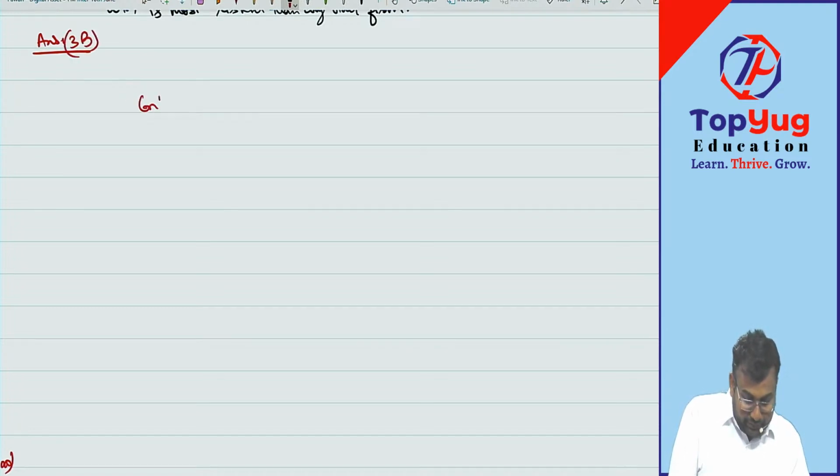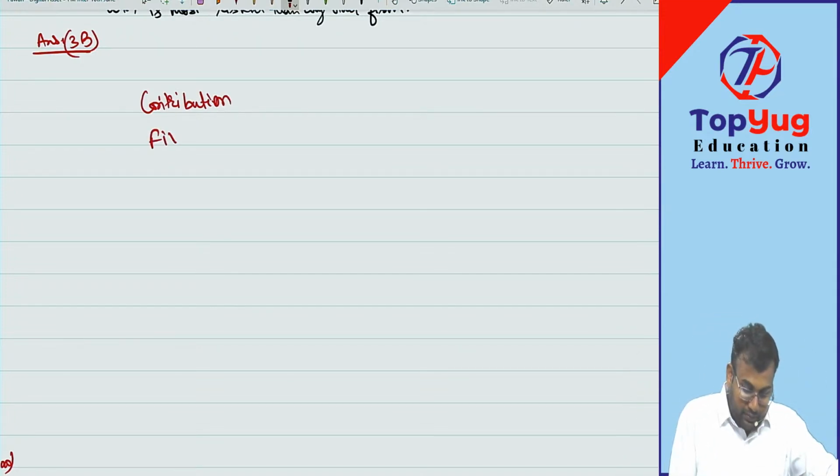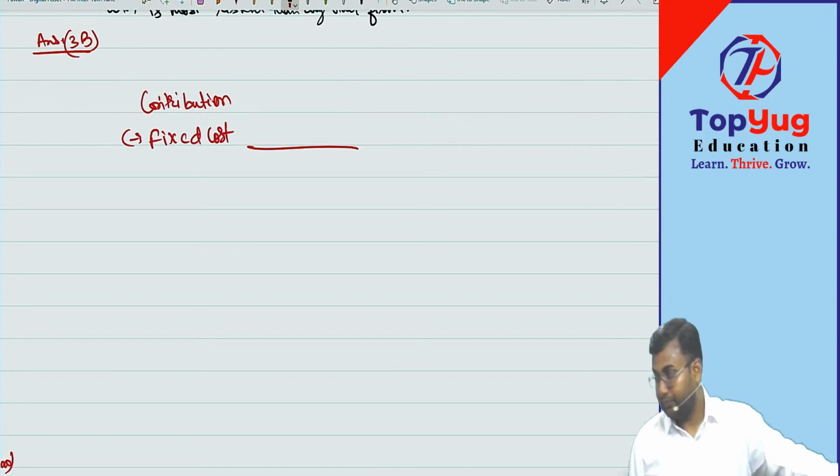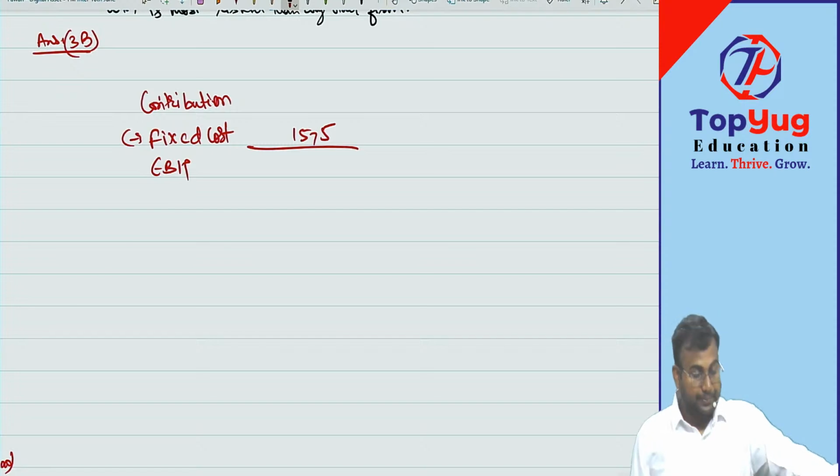First contribution. We don't know. Okay. Minus fixed cost. Do we know this? 1575. Then EBIT.